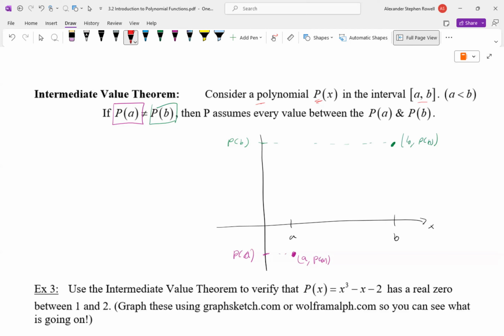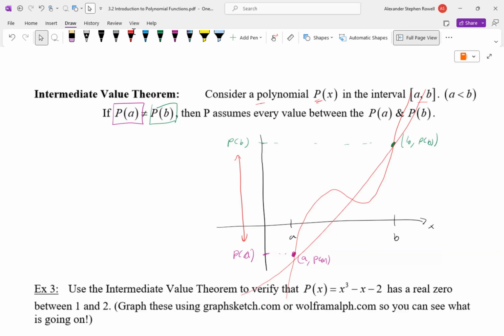So that means I can't draw something like this with corners, right? And continuous means I can't pick up my pen. Does that make sense? Can you imagine every possible way I can connect these two dots? Any way I connect them, I have to hit every value in between p of a and p of b.